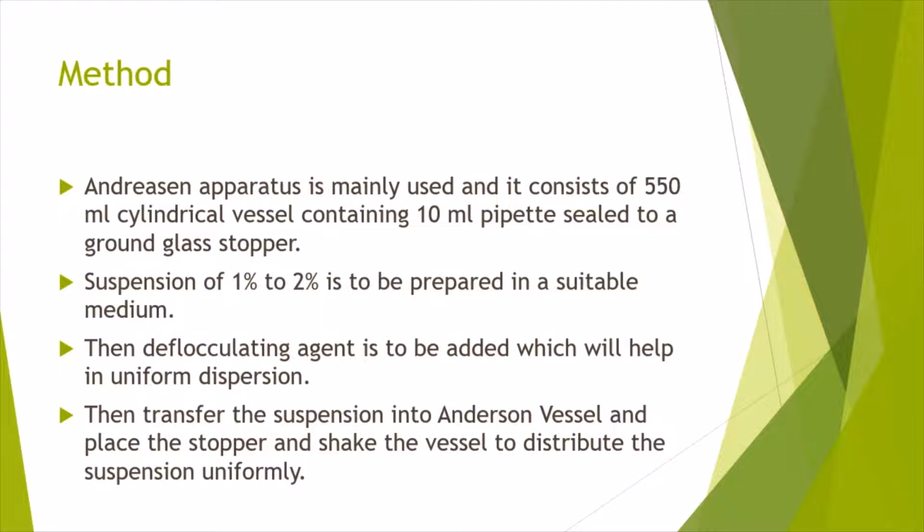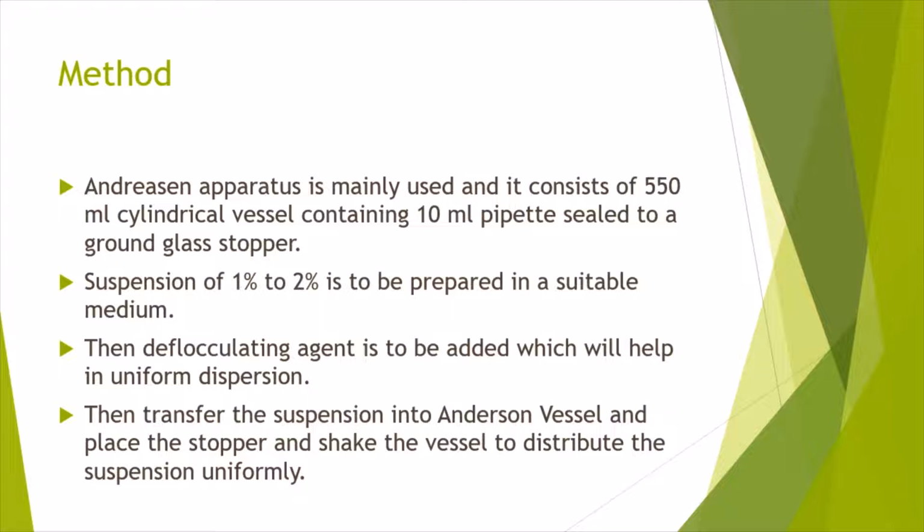So what is the method of this sedimentation? First of all, the Anderson apparatus is used. It mainly consists of a 550 ml cylindrical vessel and contains a 10 ml pipette sealed inside it. So basically a 550 ml cylinder is there, and inside it a 10 ml pipette is sealed.